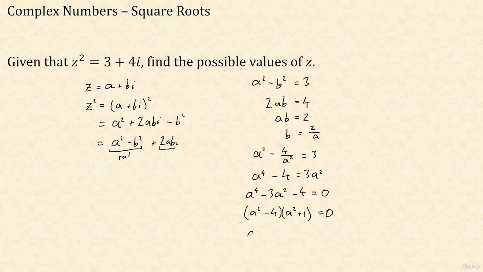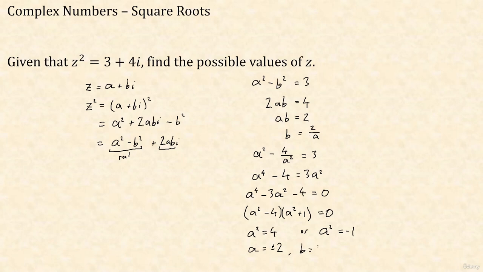That means that either a squared is 4 or a squared is -1. Now, a squared can't be -1 because a is a real number, so it's not that. But if it's this, then a is plus or minus 2. And if a is plus or minus 2, then I can work out the values of b. If a is positive 2, b is positive 2 as well, because of this little formula here.